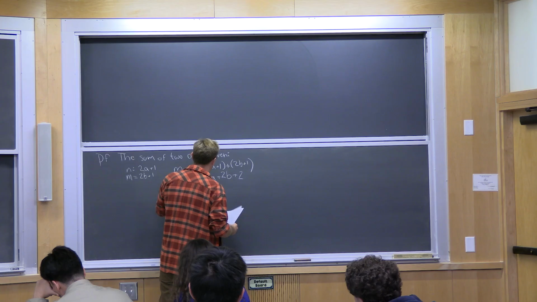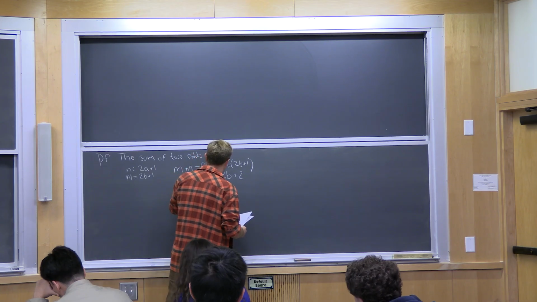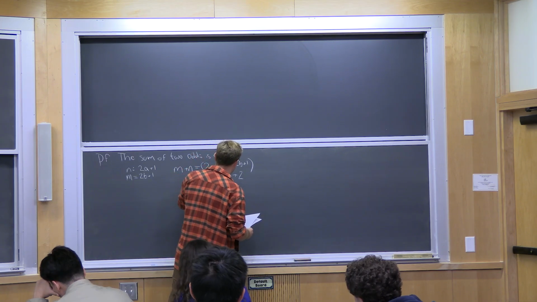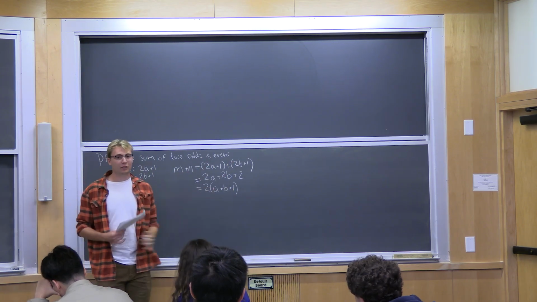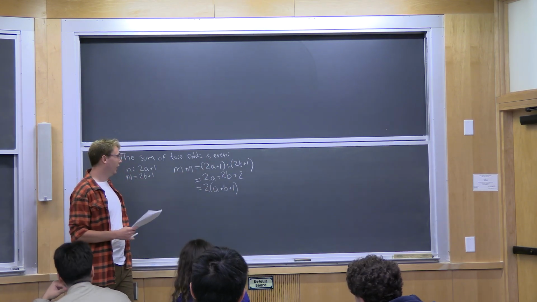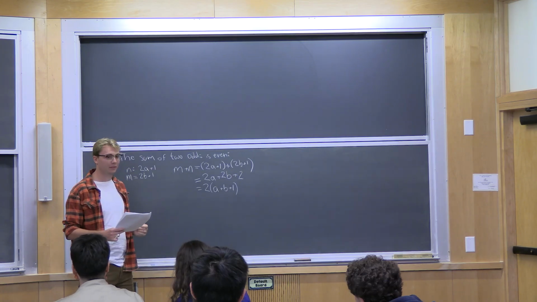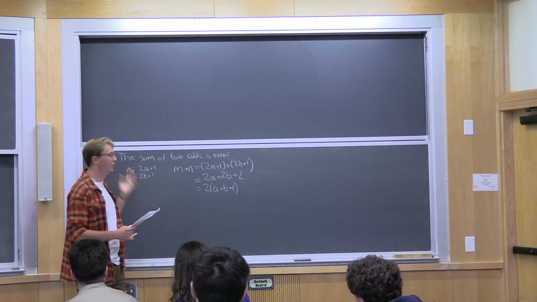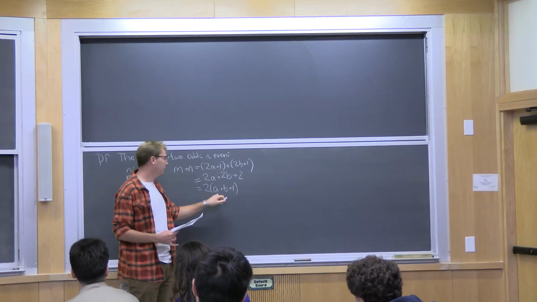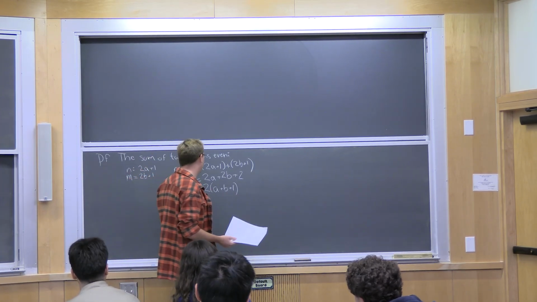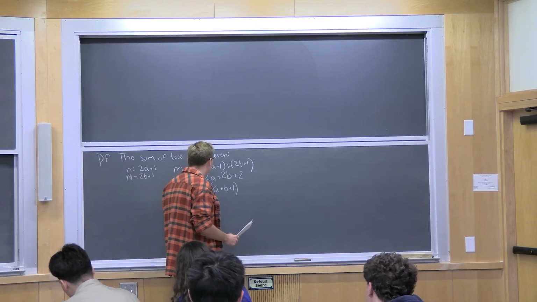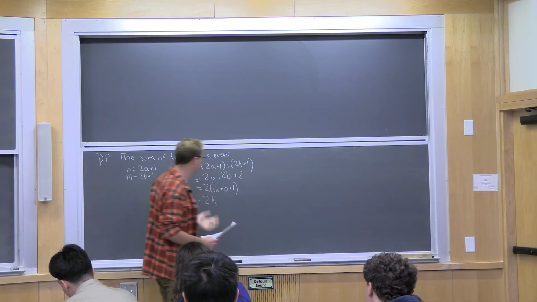And we can factor out a 2. 2 times a plus b plus 1. Now, a plus b plus 1 is an integer, because we had assumed here that a and b are integers. So we can rewrite this a plus b plus 1 as any integer. We can call it k. So this is equal to 2k.